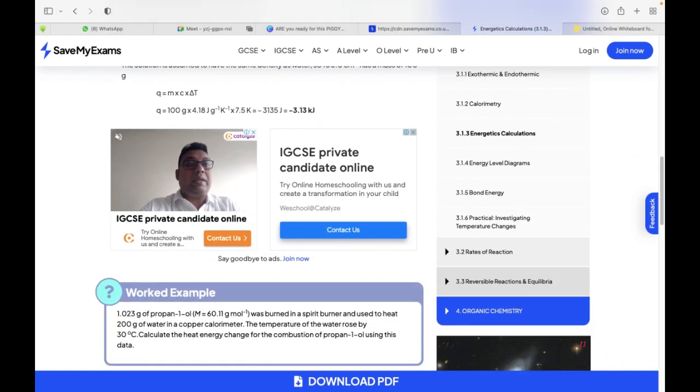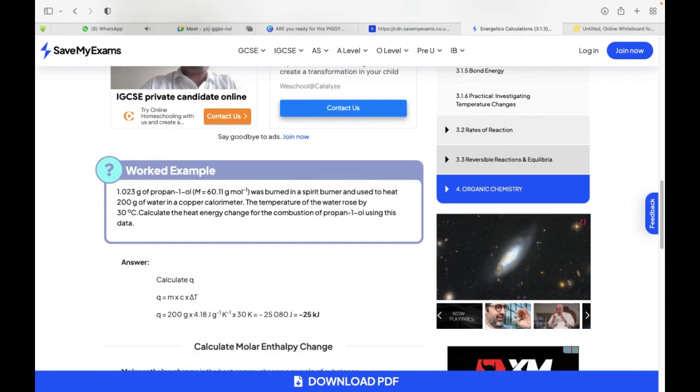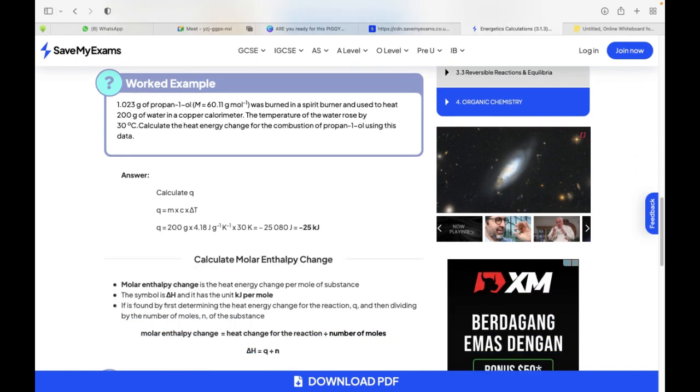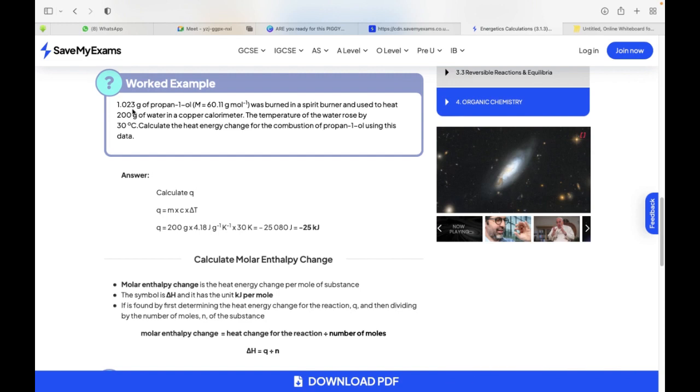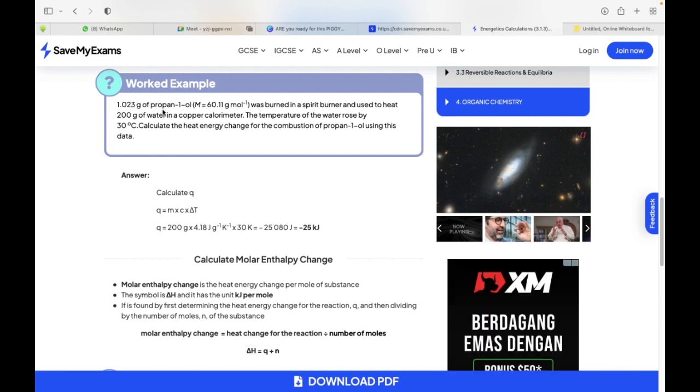Now let's see if there's any other example that we need to look at. Let's take a look at this second example. They've given us the mass, 1.023 of propan-1-ol, an alcohol family.